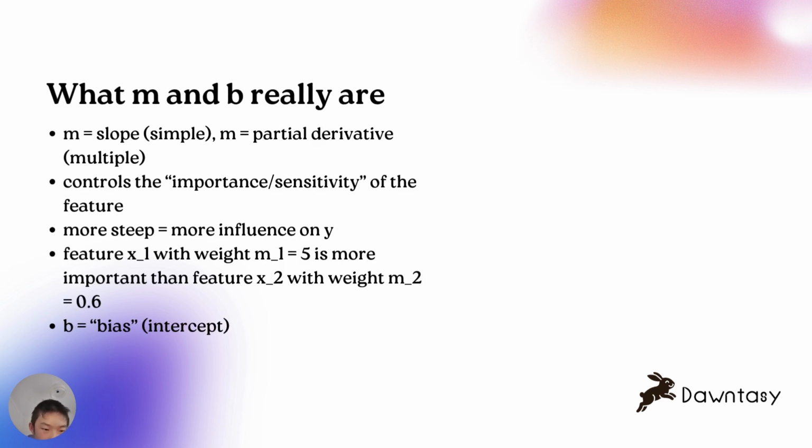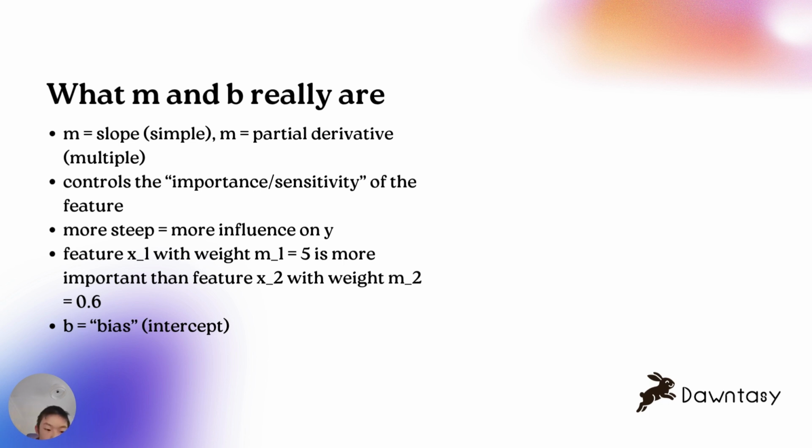So what really is m and b in machine learning terms? In algebra, we learn that m is like the slope, and it controls the steepness of the line. And in the multi-dimension case, it can be seen as a partial derivative.